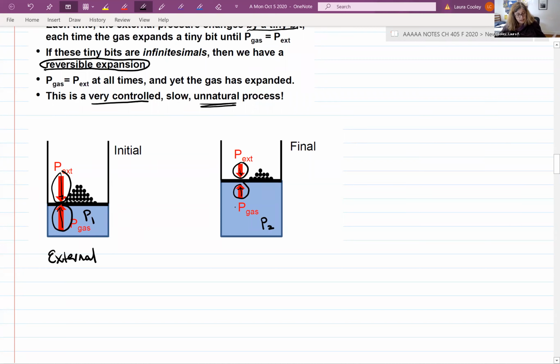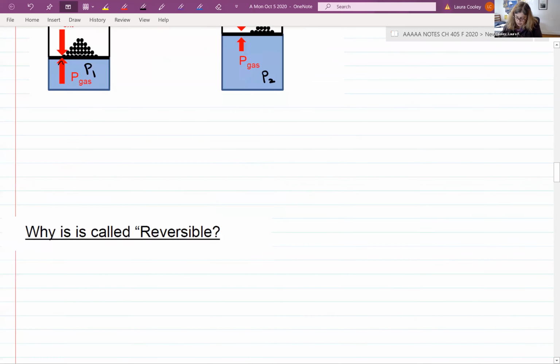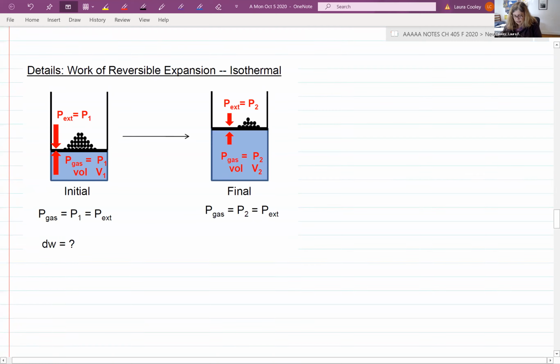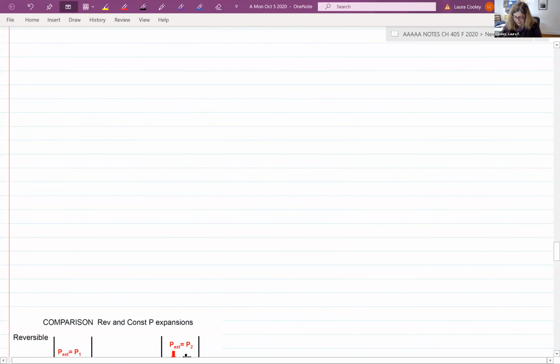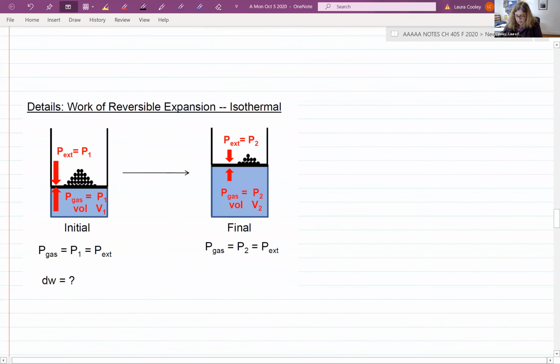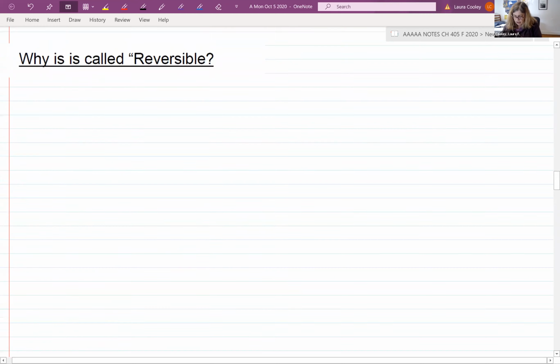So we're going to compare these side by side in a minute, but first I want to talk about why it's called reversible. Let's do that, and then I'm going to put these side by side and point out what's going on with those pressures if you didn't catch it the first time.